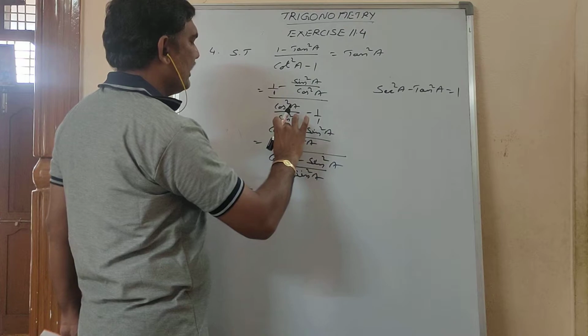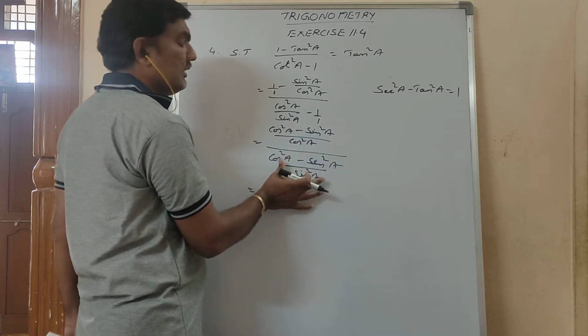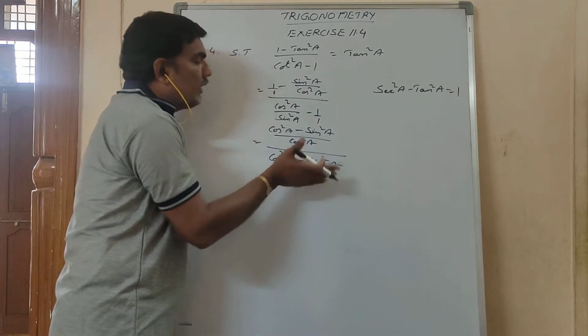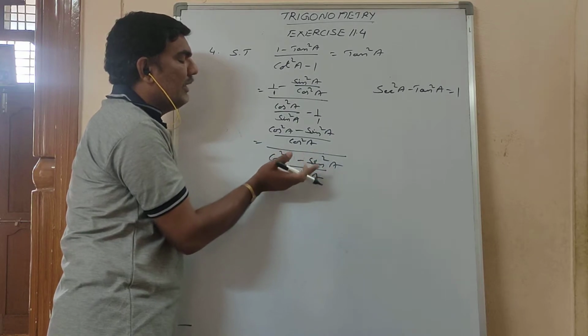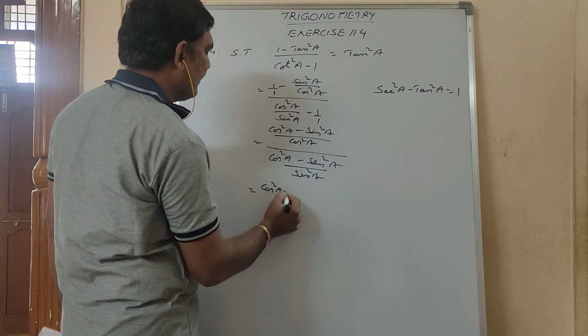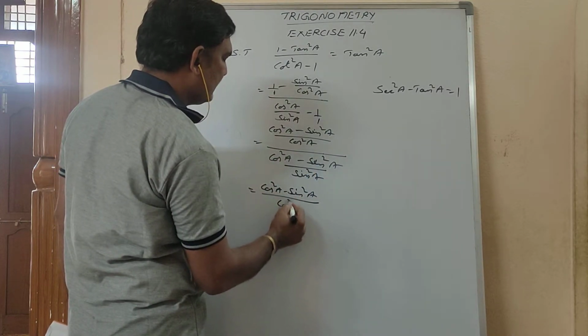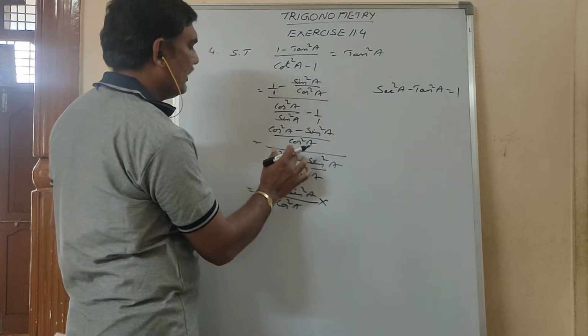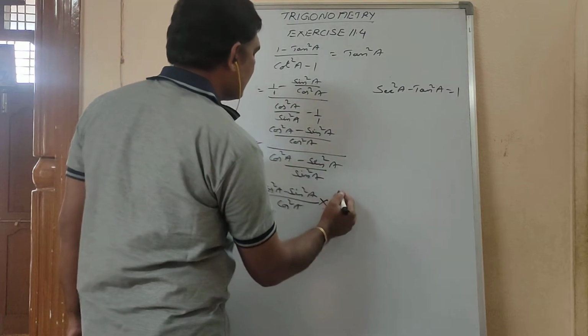Here the numerator has one fraction, the denominator has another fraction. This denominator you can take to the numerator, which means the ratio will be reversed. So I write (cos square a minus sin square a) by cos square a as it is, into, and this fraction should be reversed.